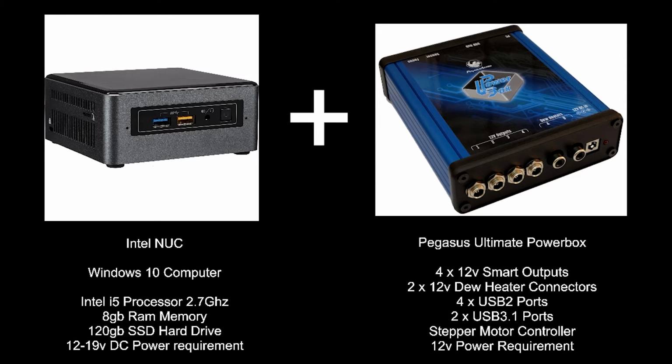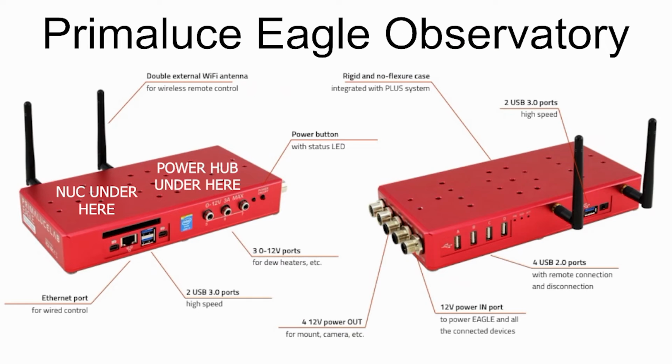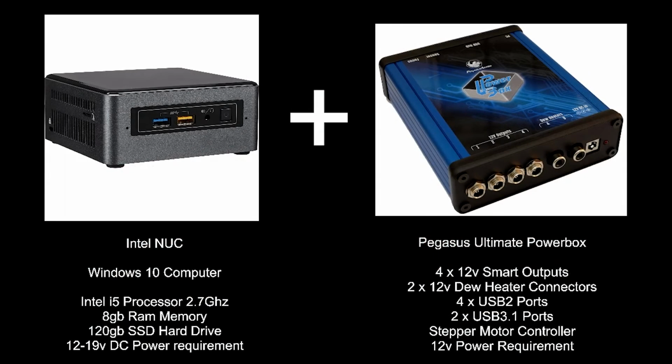Instead, we're going to add to that my Pegasus Ultimate Power Box. Now this, just like in the Primaluce thing here, as I said, this side here is the NUC, this side here is the power box. Here we've got 4 12-volt outputs, which are switchable.